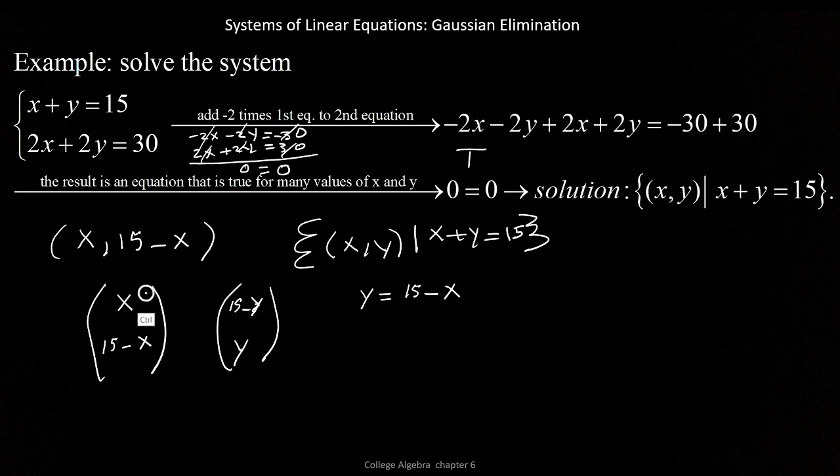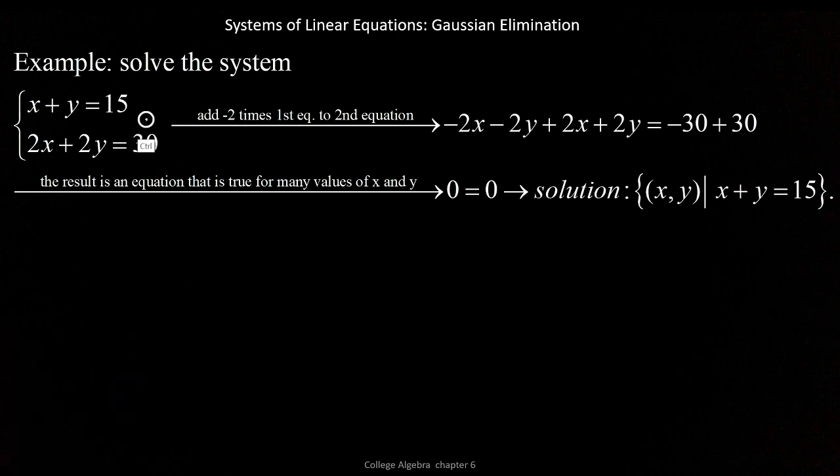Now, because you can choose any variable, sometimes we use just a third variable, or parameter, t. So let t be any real number, then the first variable is t, the second one would be 15 minus t, right? You can write it like this. All right, so those are solutions for this system here. Infinite number of solutions.